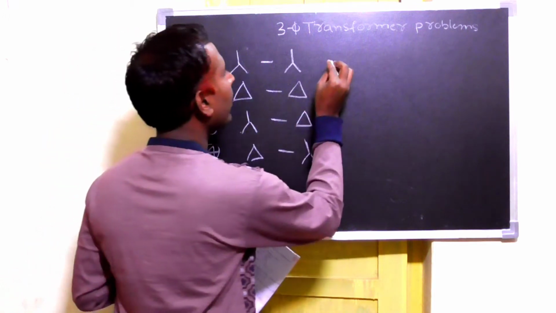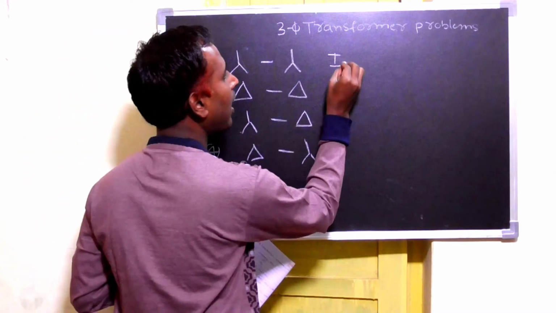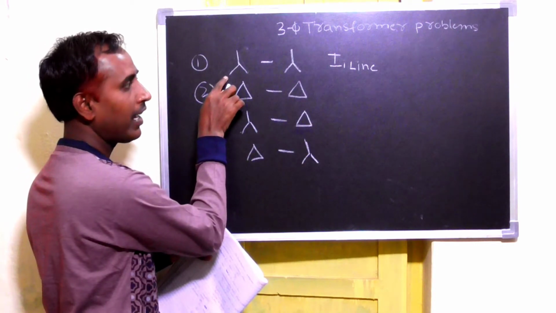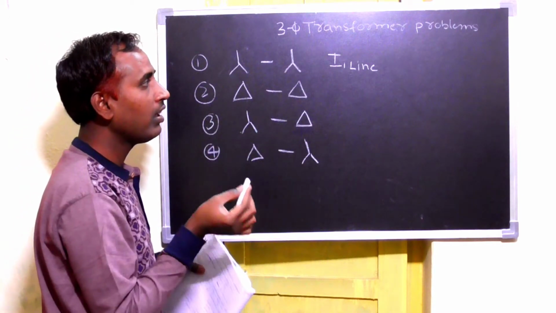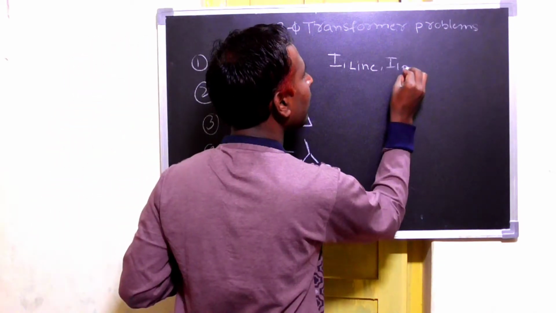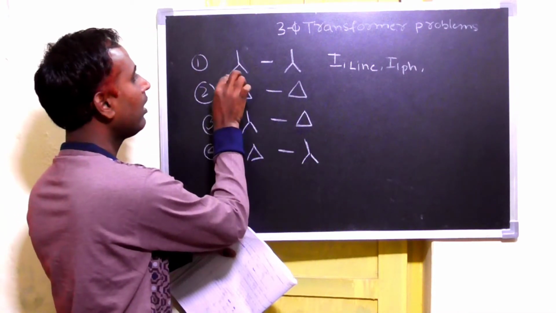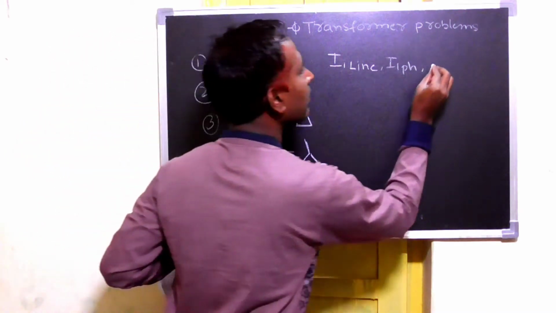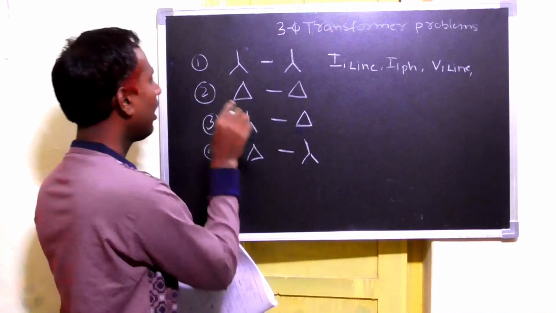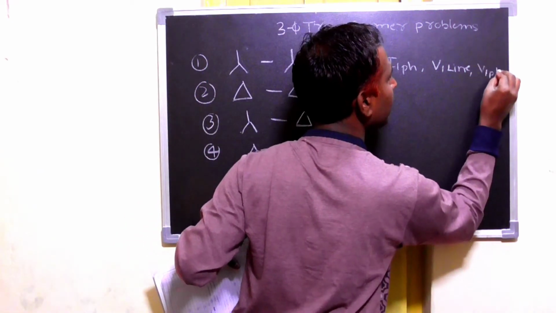How do we calculate the primary line voltage, V1 line, and how do we calculate the primary phase voltage, V1 phase?